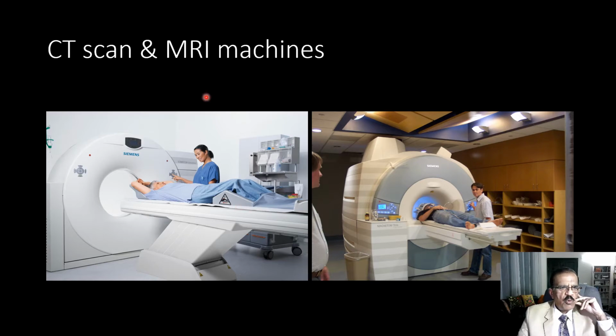Now these are two machines, they look very similar. This is a CT scan machine and this is an MRI machine, and both look similar, and this is the table. The patient typically lies on this table, which is motorized, and whichever part of the body you need to image is moved into this V-like structure, because this is the part which takes images and also emits radiation.